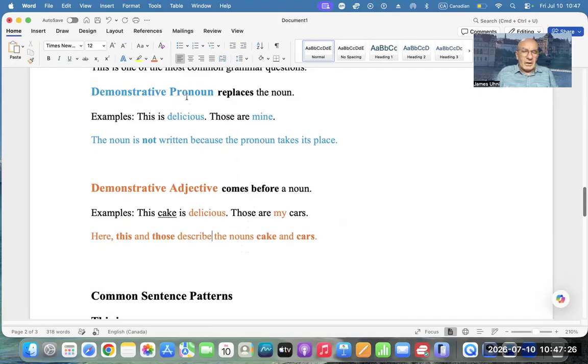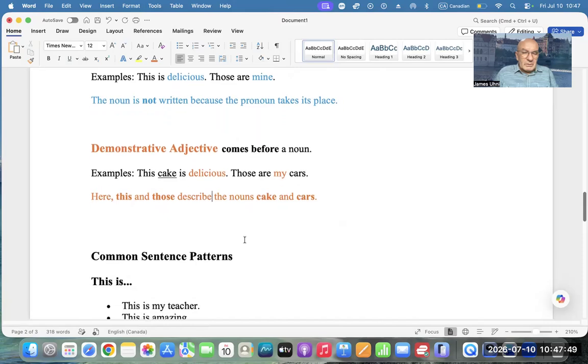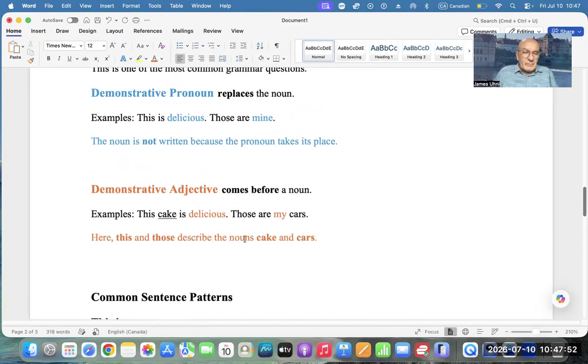So demonstrative pronouns do not have a noun. But demonstrative adjectives have a noun, pointing at the cake, pointing at cars. So again, if there is a noun, it's an adjective. If there is no noun, it's a pronoun.